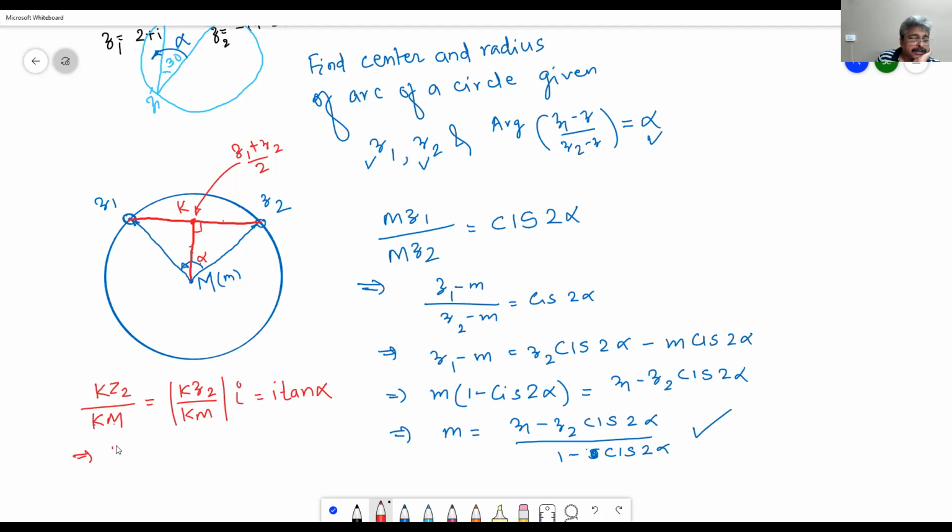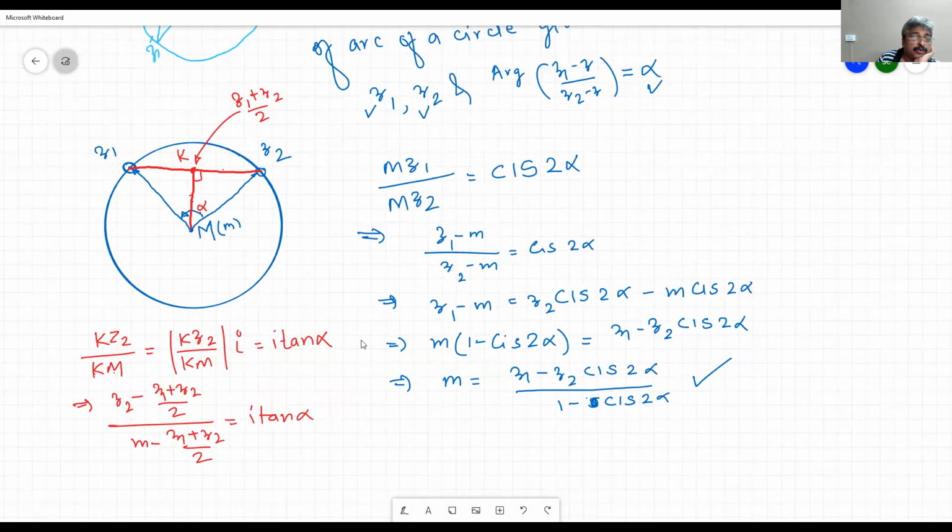Therefore, z2 minus (z1 plus z2) by 2, divided by m minus (z1 plus z2) divided by 2, is equal to i tan alpha. Right? Now we are supposed to figure out.